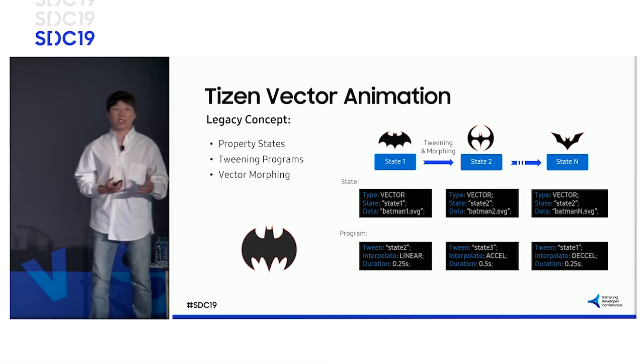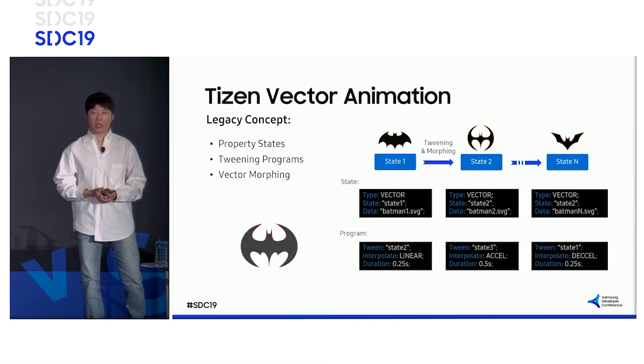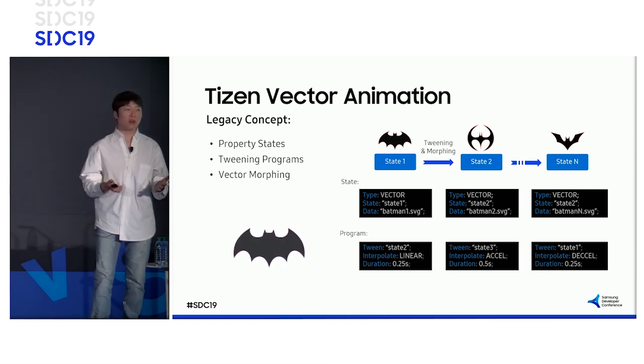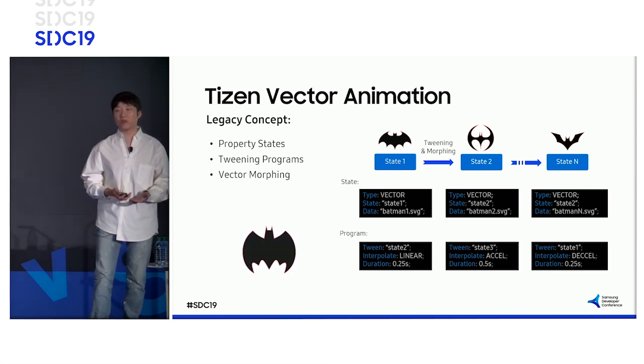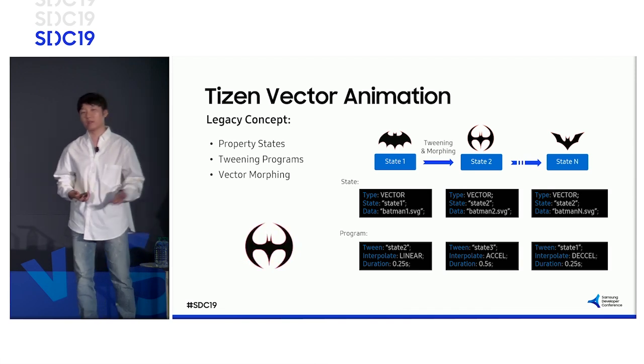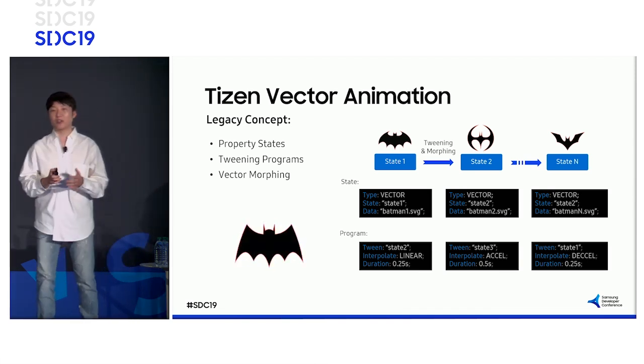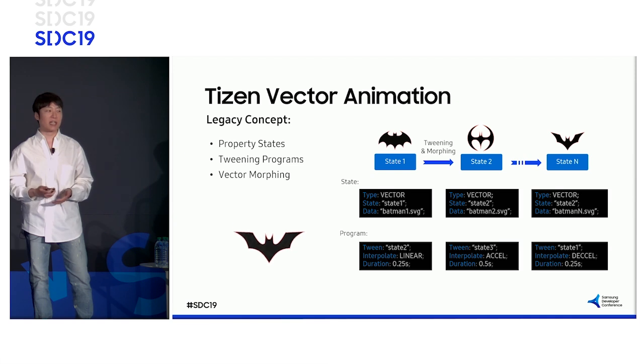And by switching these states with an engine transition program, the engine could generate the animation result by interpolating these states inside. But the thing is, the numeric data of vector properties is not so intuitive to us. So perhaps we should construct a model from vector data, such as SVG, to avoid manual coding.